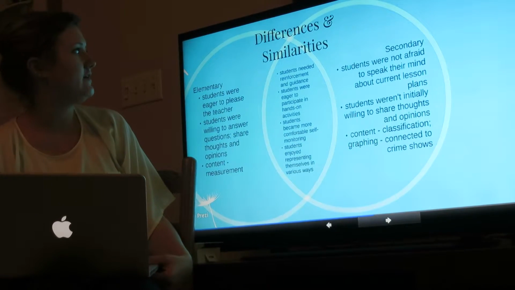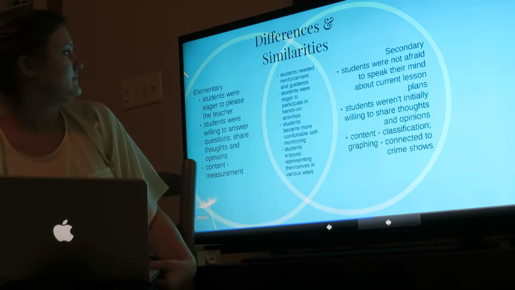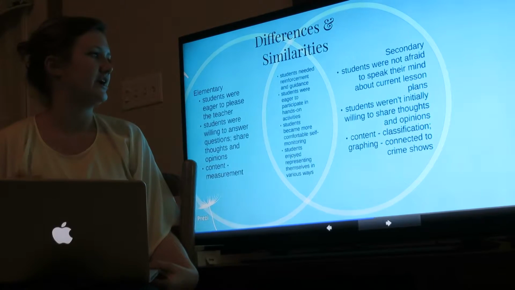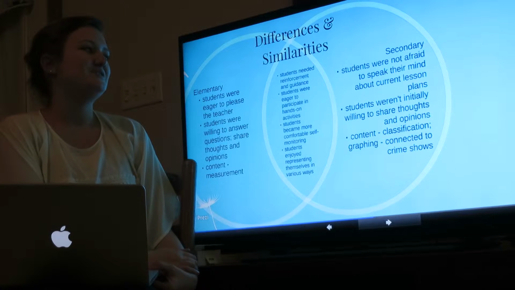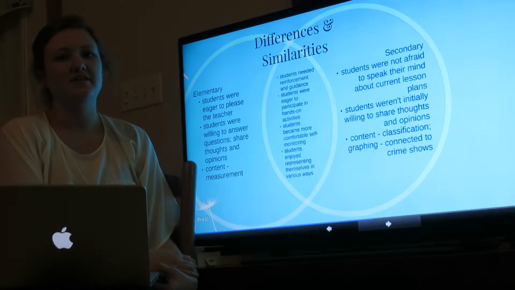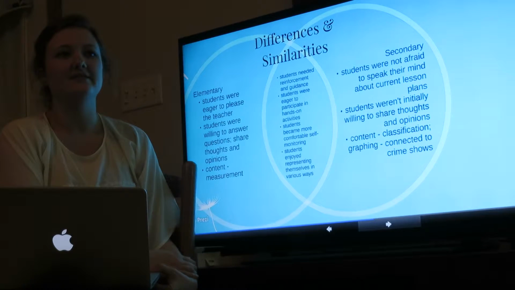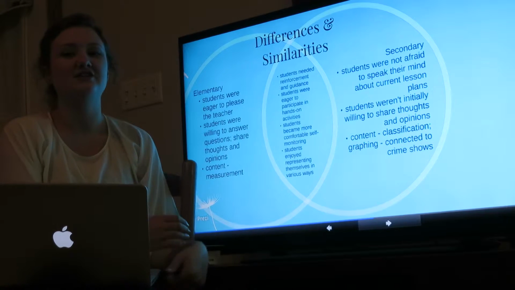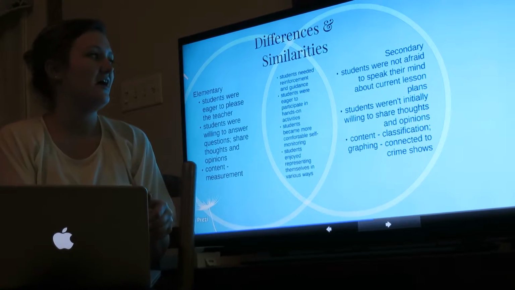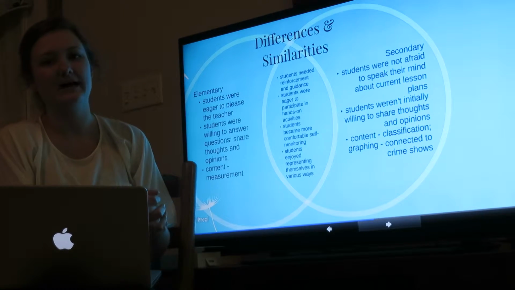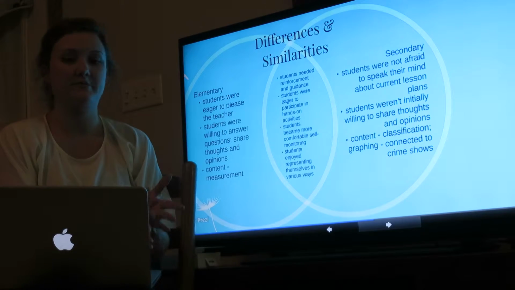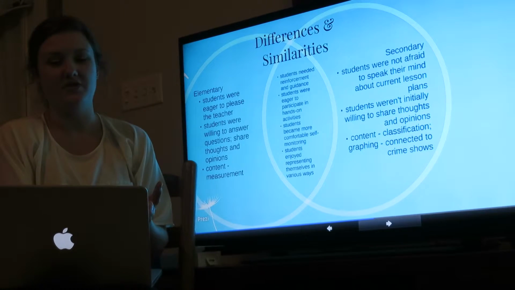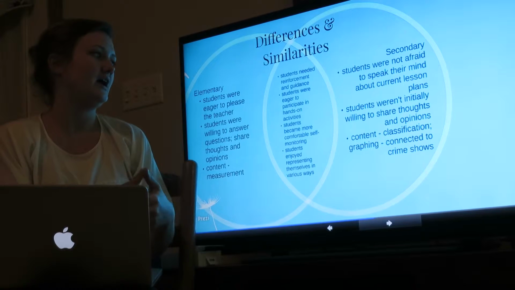Alright, so at the secondary level, let me talk about some of the differences between that and the elementary. The students were not afraid to speak their mind during lessons, and what that means is just that they were not afraid to share their opinions on the lesson or make comments about what time the lesson was going to be over, when they would be out of the class, or that they didn't want to do that particular activity.